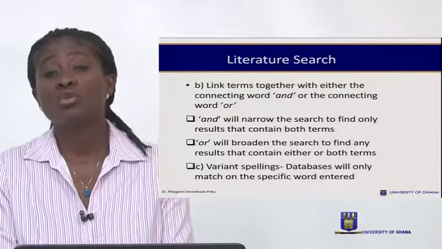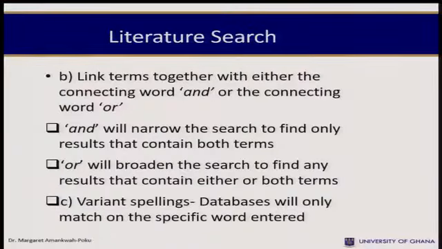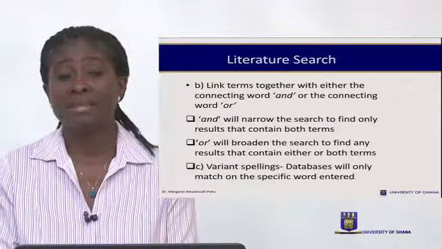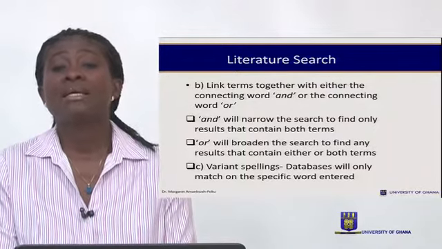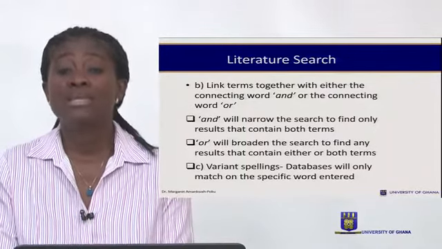Another technique you can also use is to link terms together with either the connecting word "and" or the connecting word "or." When you use the connecting word "and," it narrows the search to find results that contain both terms. So if I put in diabetes and management in my search, it will generate information that combines the two terms.